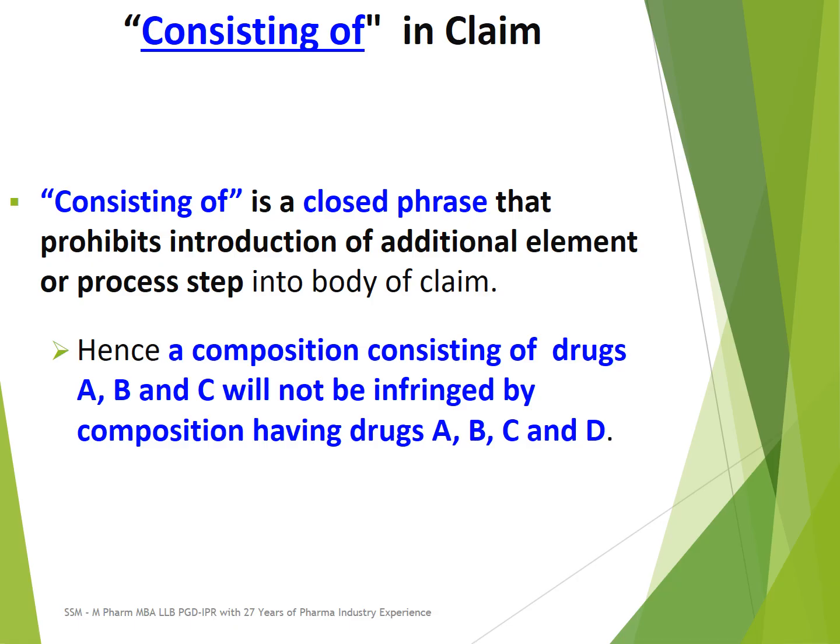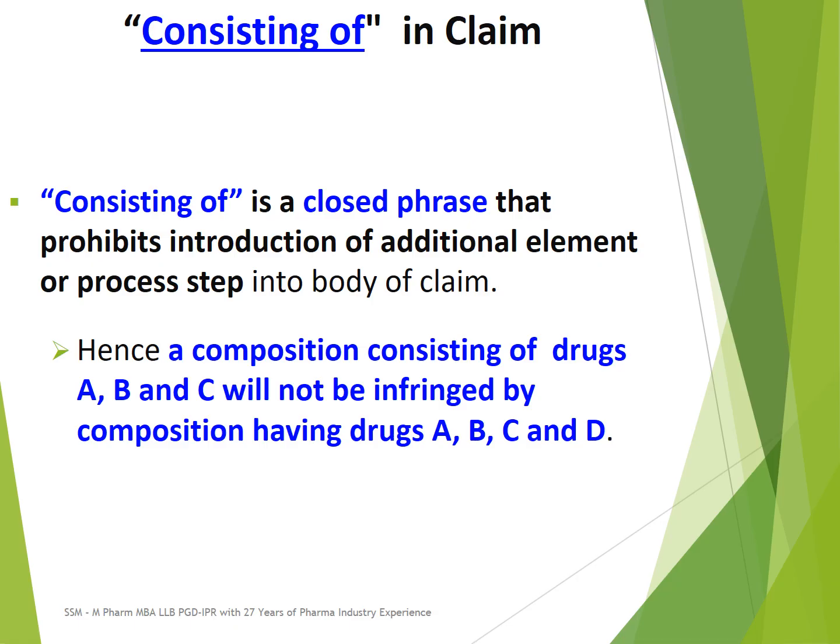A composition consisting of drug A, B and C will not be infringed by a composition having drug A, B, C and D. So any composition which is having drug A, B, C plus an additional drug will not be infringing a patent claim with a composition consisting of drug A, B and C.